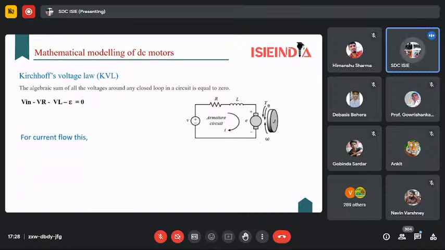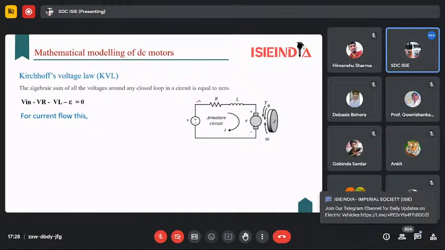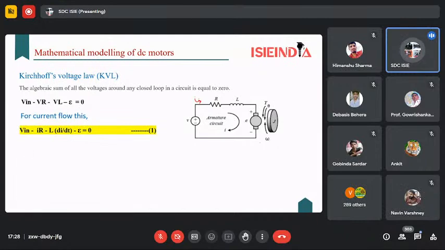When we look at the current flow, where I is passing through here, we will see V in minus I R based on Ohm's law, and the inductance formula, and we will get the epsilon formula from here. According to that, we will get a systematic equation for the current flow.